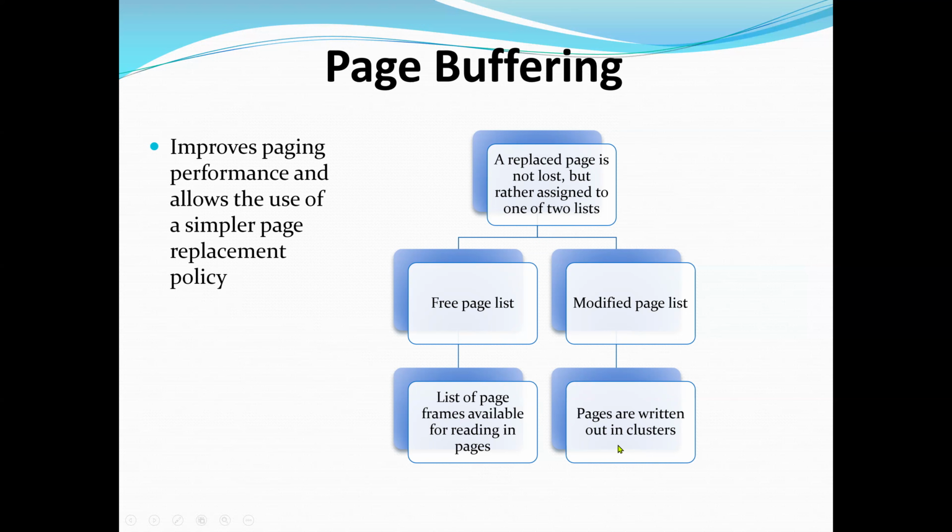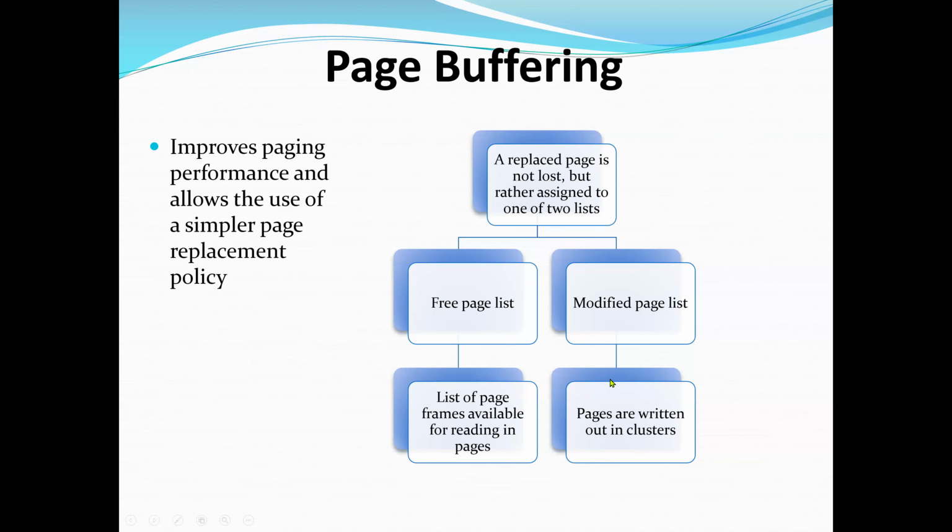So again, this page replacement algorithm is simple first in, first out. Now, to improve performance, a replaced page is not lost, but rather is assigned to one of the two lists, either the free page list if the page has not been modified, or the modified page list if it has.